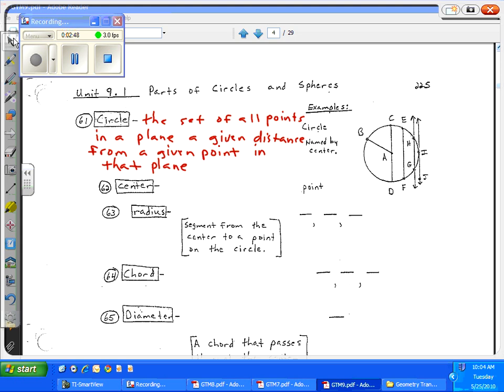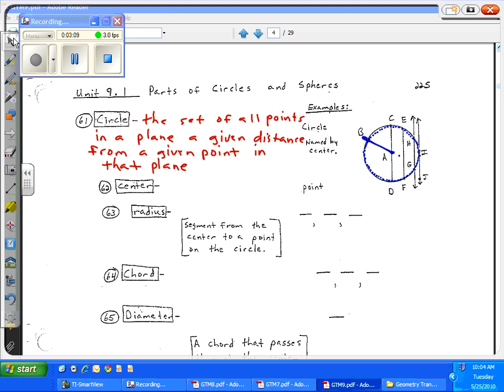Now, example, if we took a given point and a given distance, and we found all of the points in the plane, a given distance from a given point in that plane, the set of all points in the plane, a given distance from a given point in that plane makes a circle. Tells us how to draw a circle.